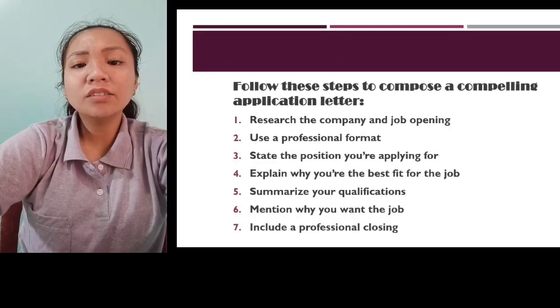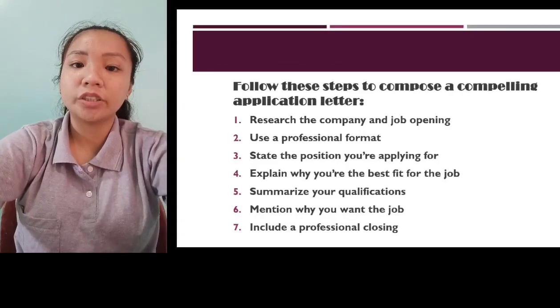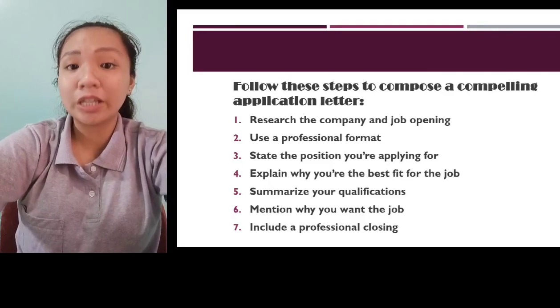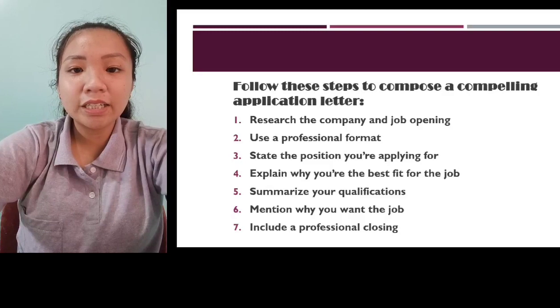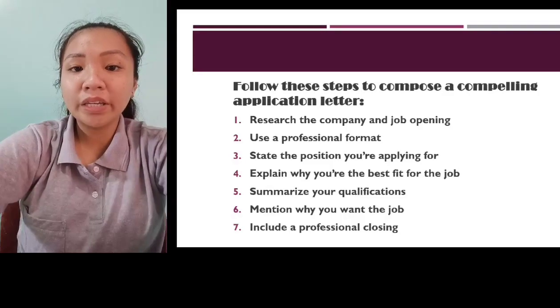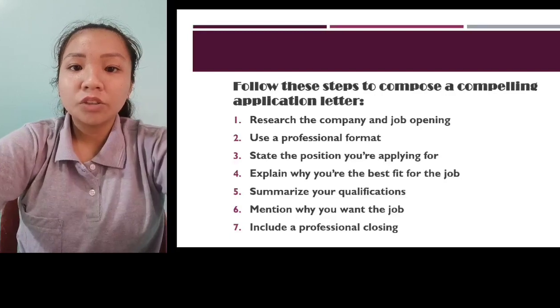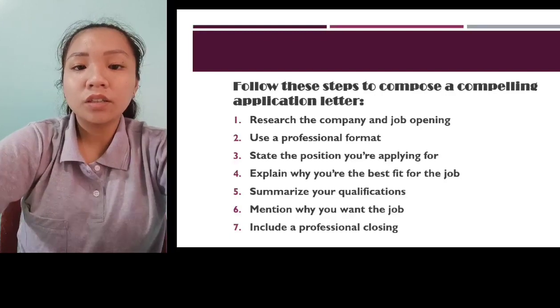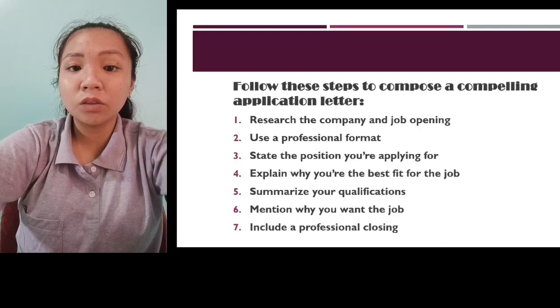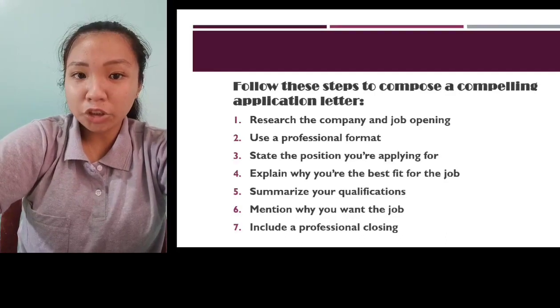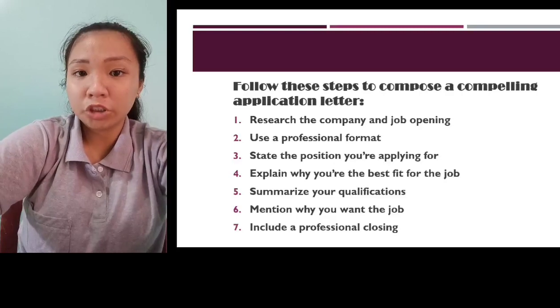So next, how to write an application letter. Follow these steps to compose a compelling application letter. First is research the company and job opening, of course. Truly research the company you're applying to and the specifications of the open positions.